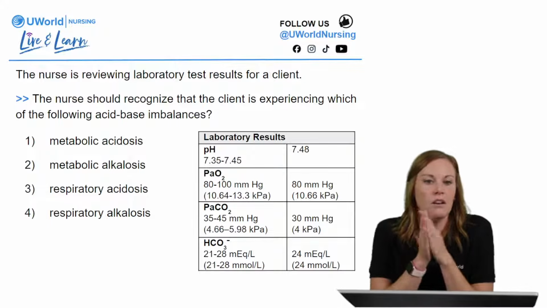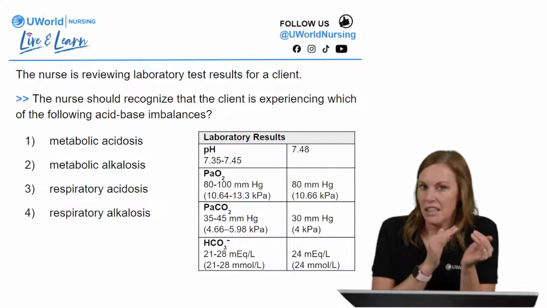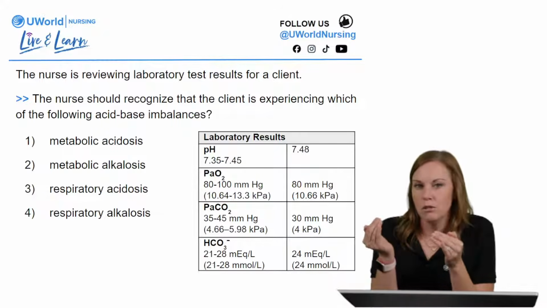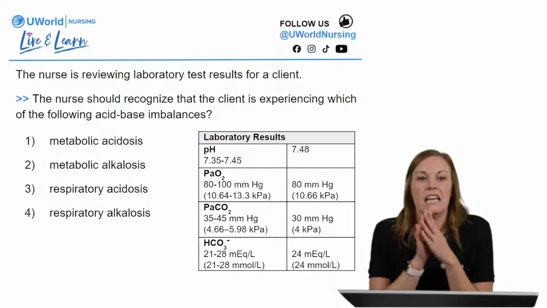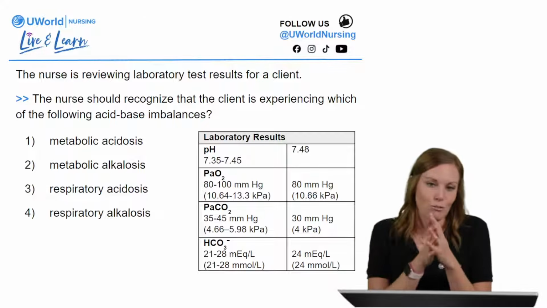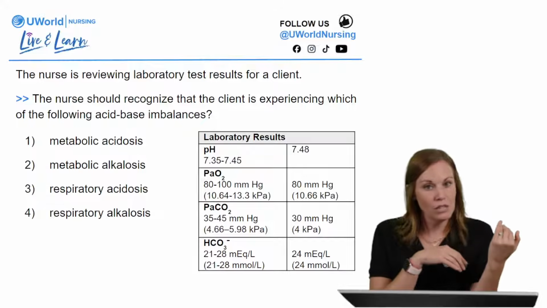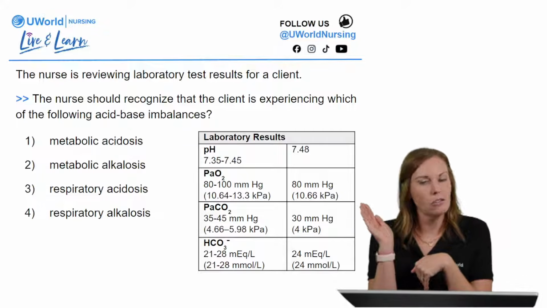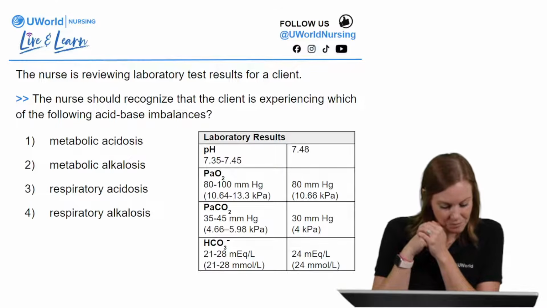We have a low CO2, so we're low on the acid side. Our bicarb is normal, so we know that we are uncompensated, and also because our pH is outside of the normal range. We have a high pH and a low CO2, so we have arrows going in opposite directions. What do you guys think the answer is?